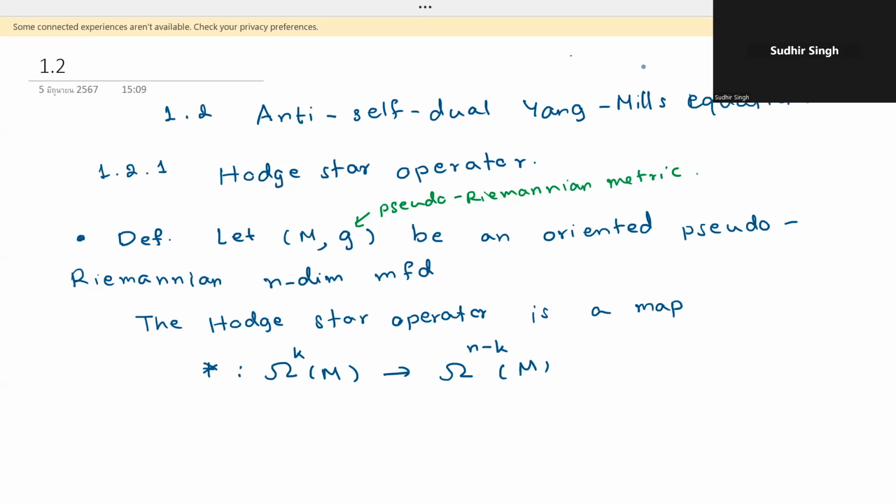And this map can be defined locally, in a coordinate expression.